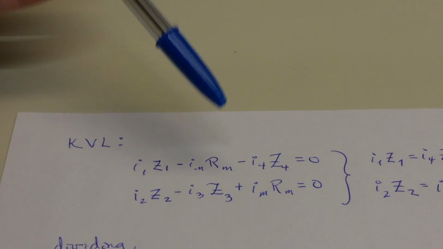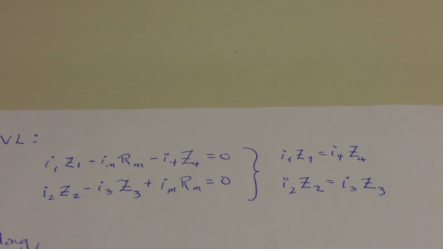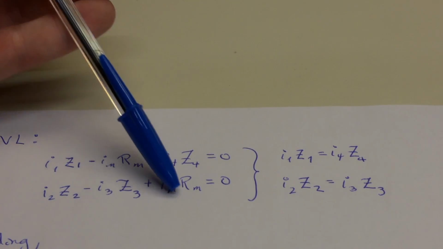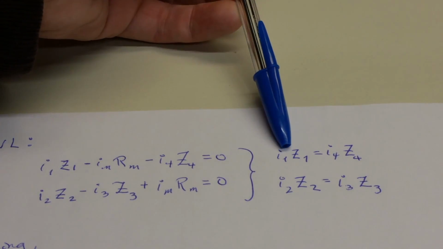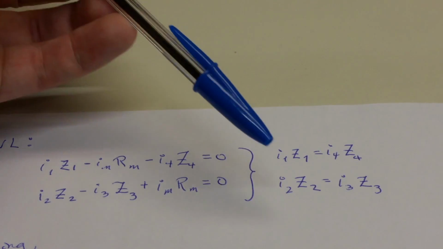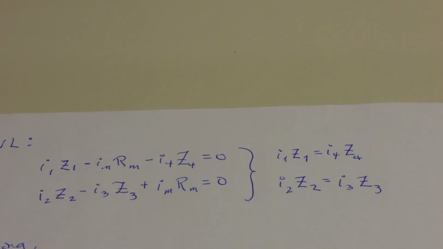Okay, so that's that equation there. But again, we know that IM is equal to 0 when we have balance. So that just simplifies these equations to I1 Z1 equal I4 Z4, and I2 Z2 is equal to I3 Z3.